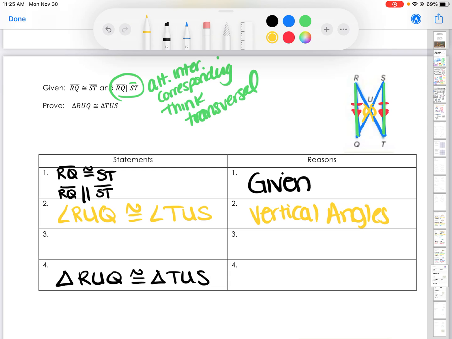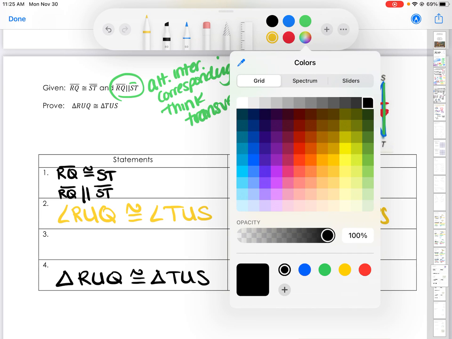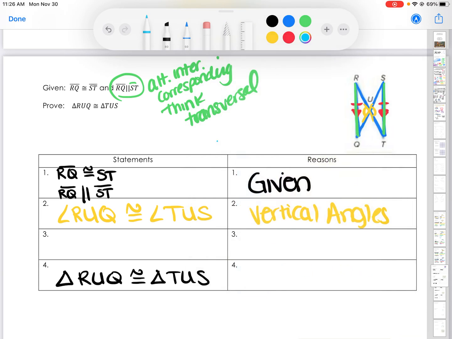Okay. The last thing we could do, well, we could do it a few ways. We could actually have solved this problem a different way completely, but that's fine. We have our two parallel lines, and then whichever one you want to call our transversal. Okay, this is our transversal here. All right, so we have alternate interior angles.